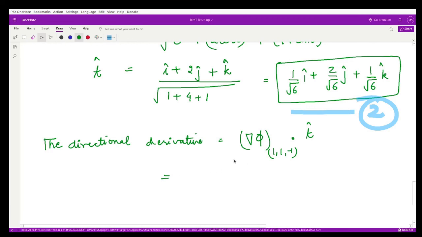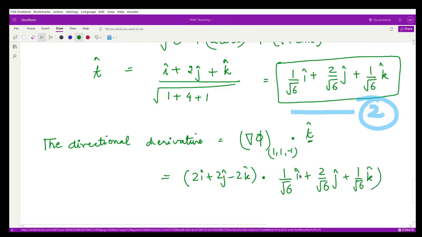The gradient which we obtained was 2 i cap plus 2 j cap minus 2 k cap, and the t vector is 1 by square root 6 i cap plus 2 by square root 6 j cap plus 1 by square root 6 k cap. So now we have to perform this dot product. This is equal to 2 by square root 6 plus 4 by square root 6 minus 2 by square root 6. So this and this cancel. So finally you have 4 by square root 6 as your directional derivative. So this is your final answer, right?